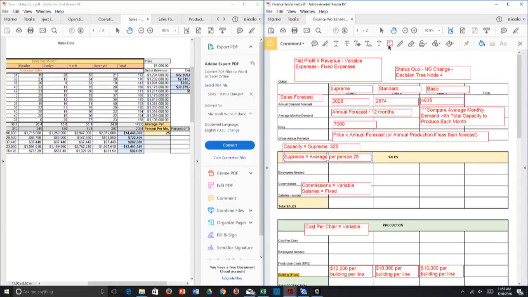So for our employees needed, we borrow from our average monthly demand and we divide it by our average per person rate.